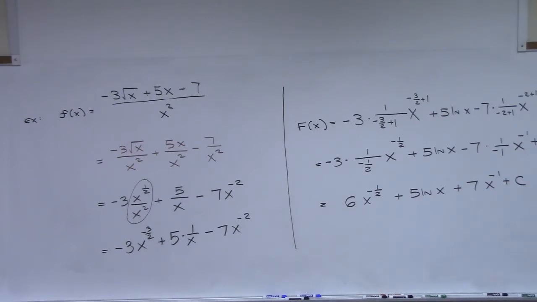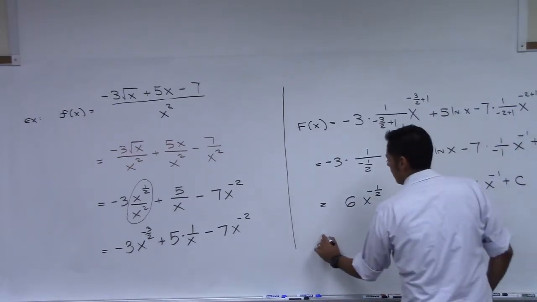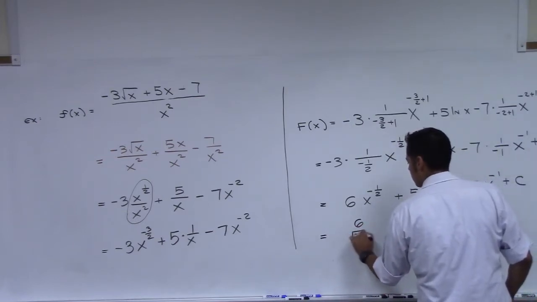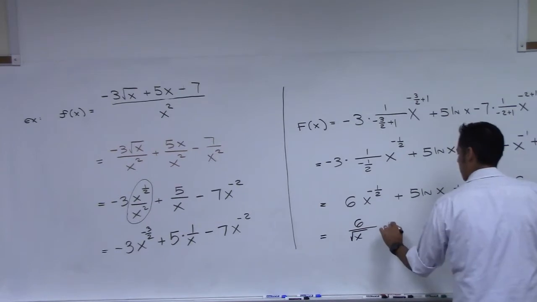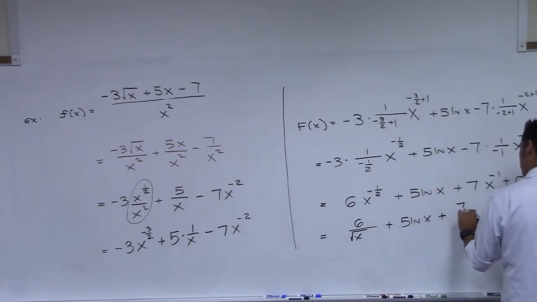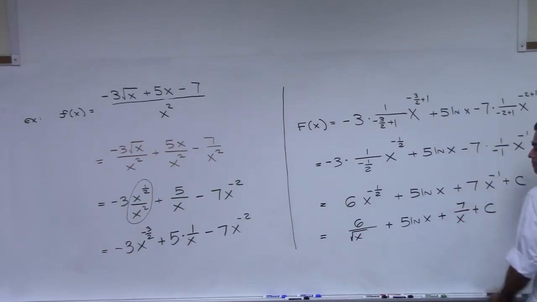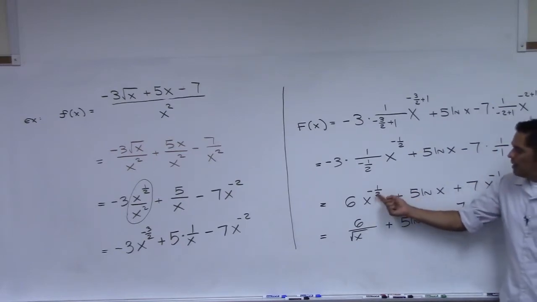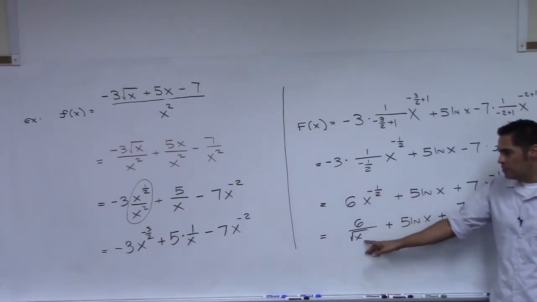Okay. Now, if you were to look at the back of the book for an answer on a problem like this, you might see this. So they may prefer to not leave the negative exponents and drop that down on the bottom, and then x to the half is really root x.